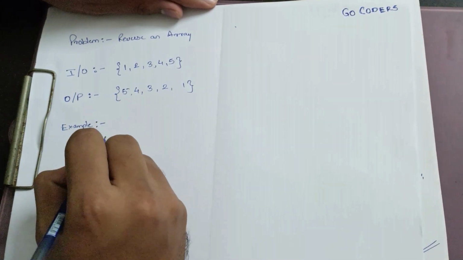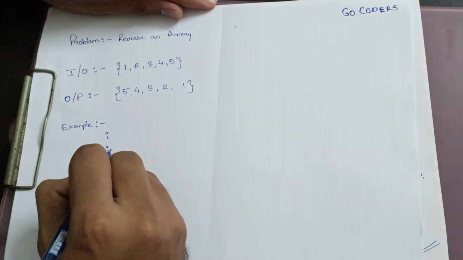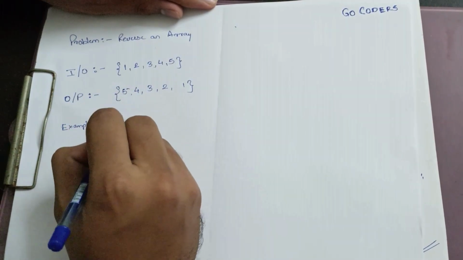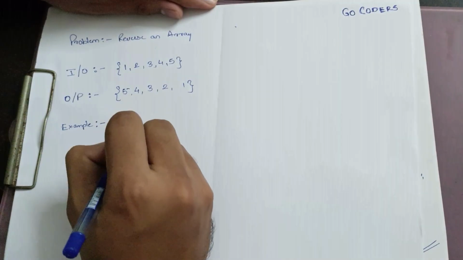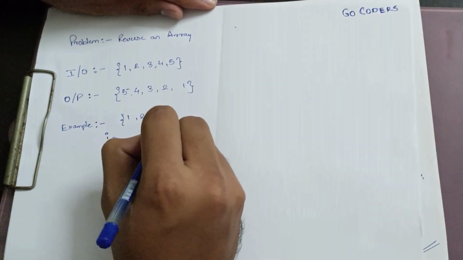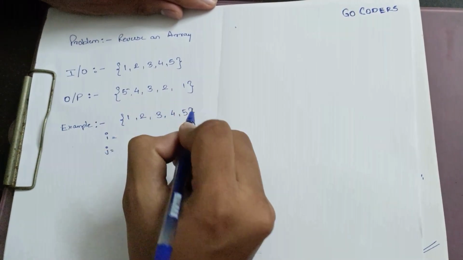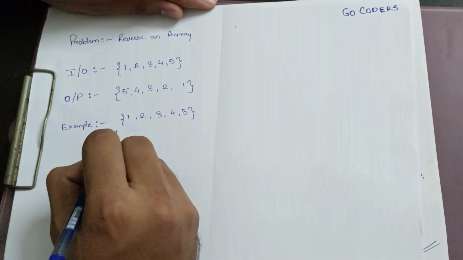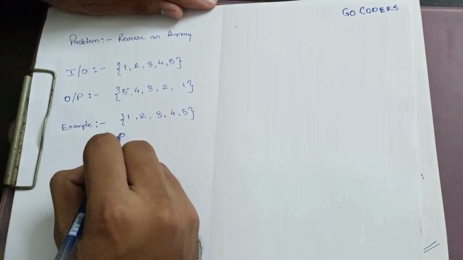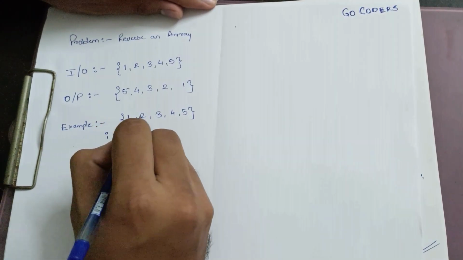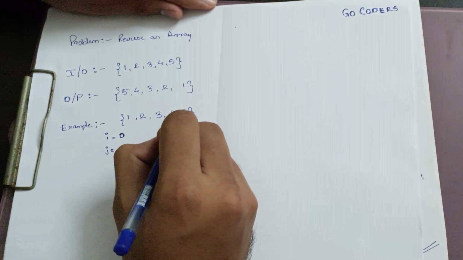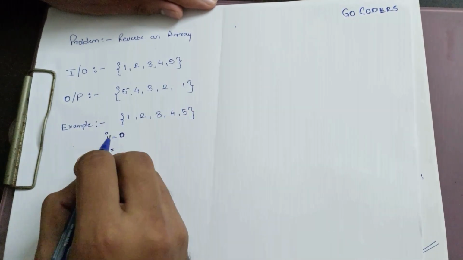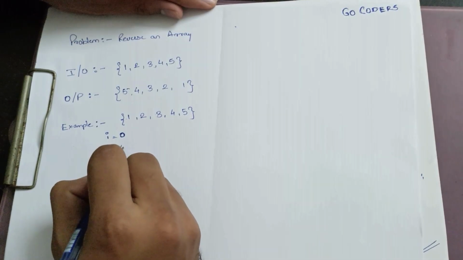So let's take two variables i and j. i will point at the first element. Let's take this array, 1, 2, 3, 4, 5. i will hold the index of the first element, which is 0, because an array starts with index 0, and j will hold the index of the last element, which is 4.